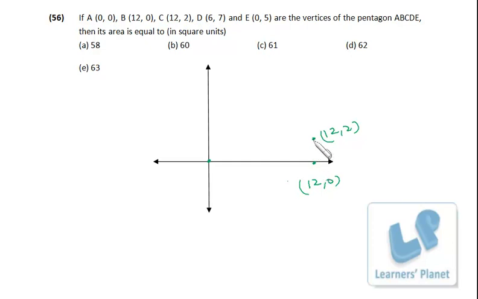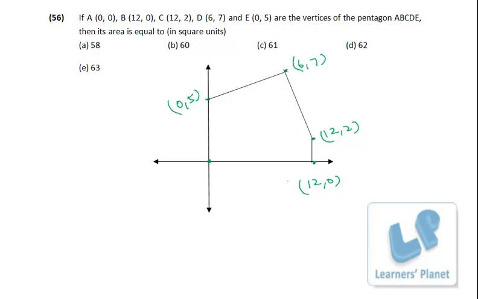Then we have 6 7, so 6 must be somewhere inside but above, so suppose that is 6 7. Then we have 0 5, that should be over here. This is 7, so 5 should be a bit down, that is 0 5, and this is 0 0. So we just have to, I'll just do it neatly for you.